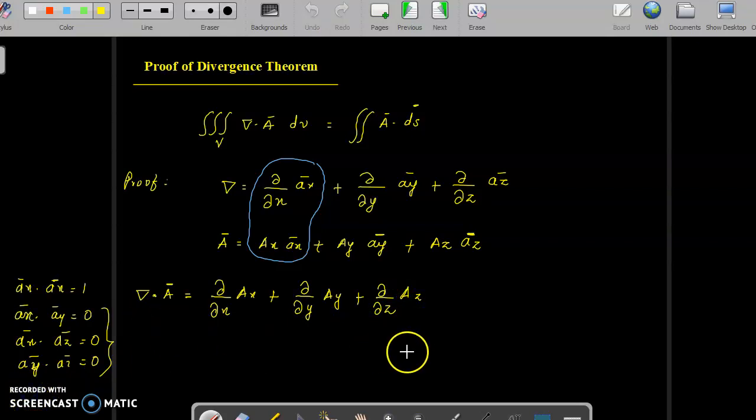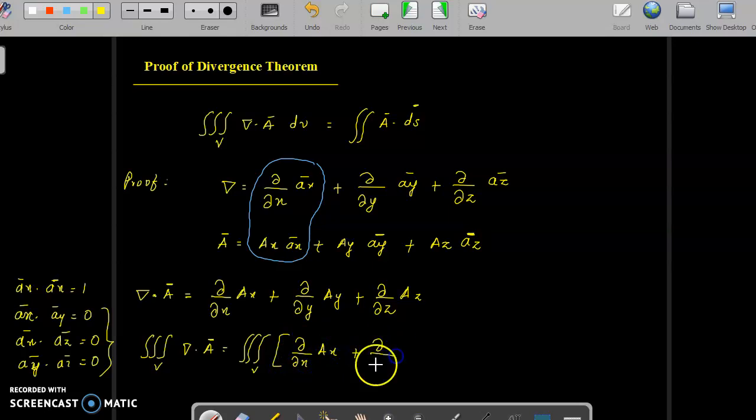Now take the volume integral on both sides. The volume integral of this function: partial derivative of the Ax component plus the partial derivative of the Ay component plus the partial derivative of the Az component.